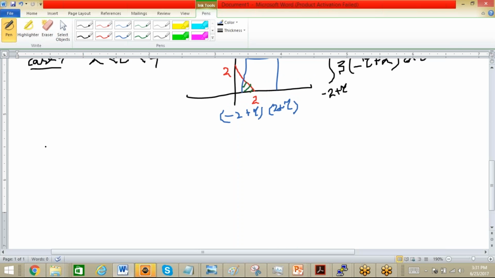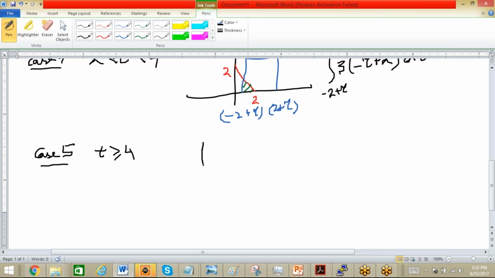Now about case number 4. Case 4. Oh, sorry, this is case 5, right? Case 4 we have already seen. Case number 5 is something like t greater than or equal to 4.